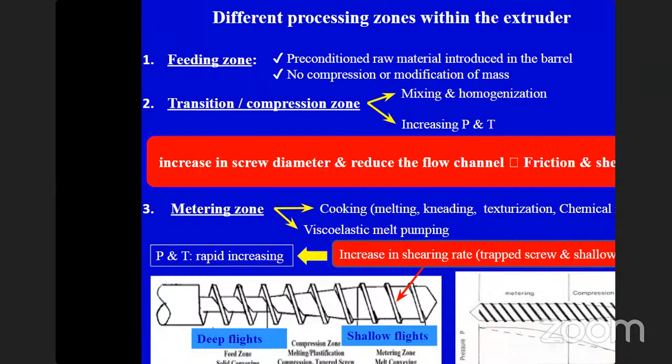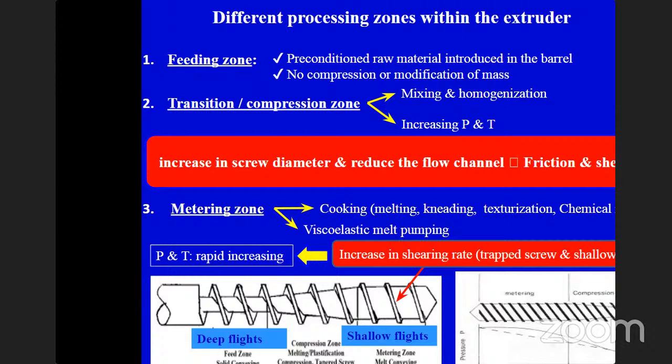The third zone is the metering zone. So changes of the material can be observed as a result of cooking, melting, and some chemical reactions such as protein denaturation, texturization, and starch gelatinization, forming a viscoelastic melt which is forced out of the die.